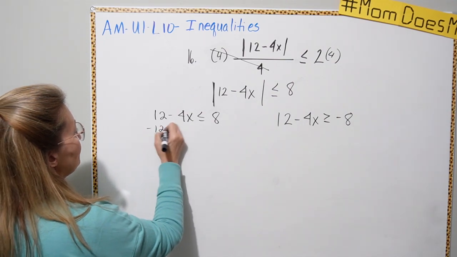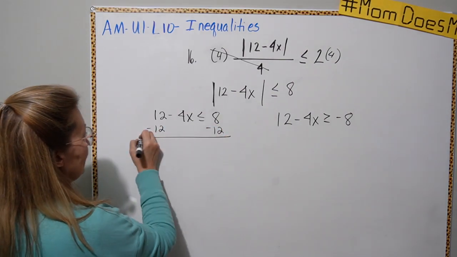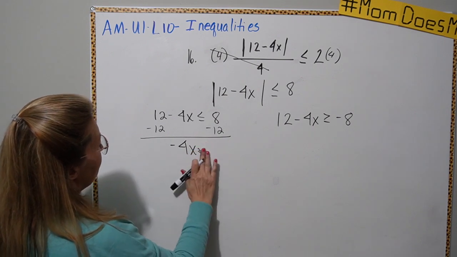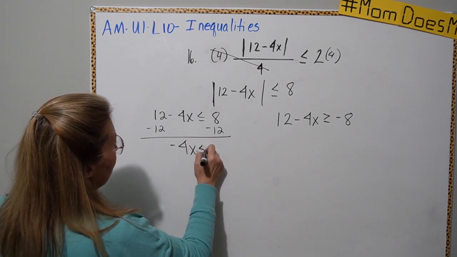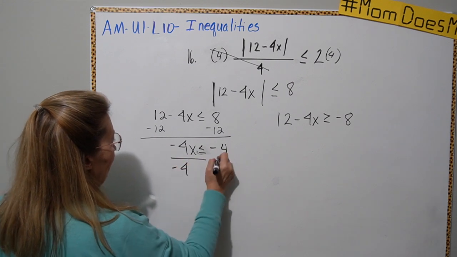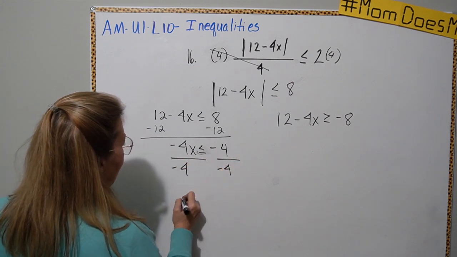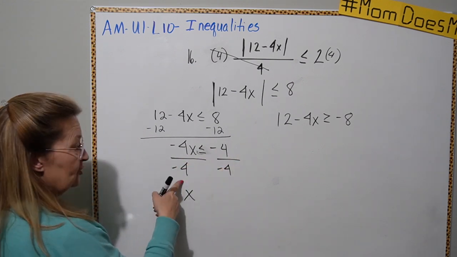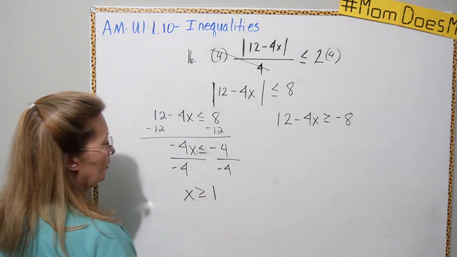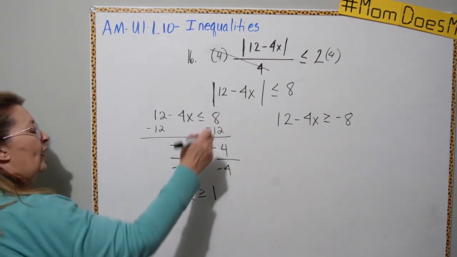I'm going to subtract 12 from each side. So I have negative 4x is less than or equal to negative 4. Divide both sides by negative 4. And I'm going to get x. Now since you divided, you got to flip that sign. Greater than or equal to positive 1. All right, let's come over here.